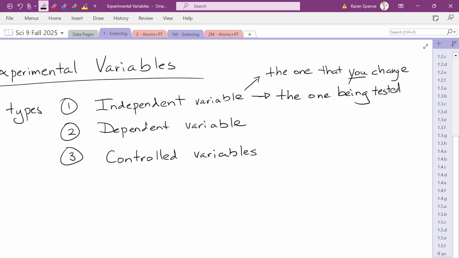Okay, anyone want to discuss what a dependent variable is? Want to give it a try? Yeah. It's a variable that changes because of the independent variable. Yeah, it's the variable that changes in response to the independent variable.